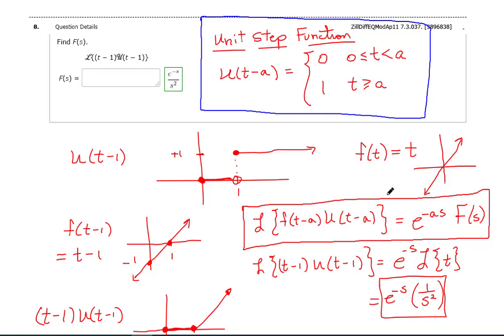Alright, so what is my original function? Well, f of t is t, because if I plug in t minus 1, I get the shifted one.